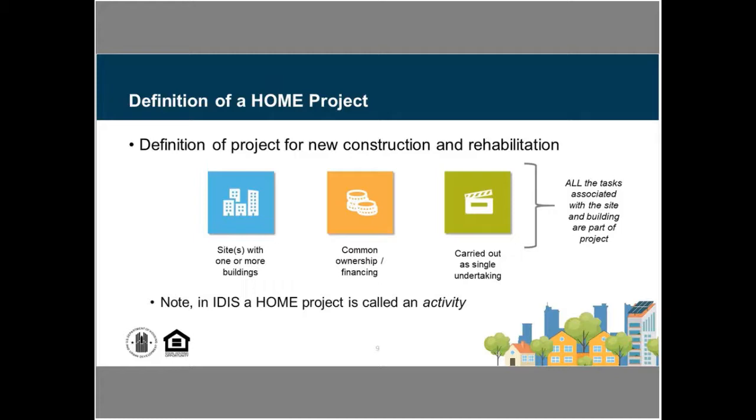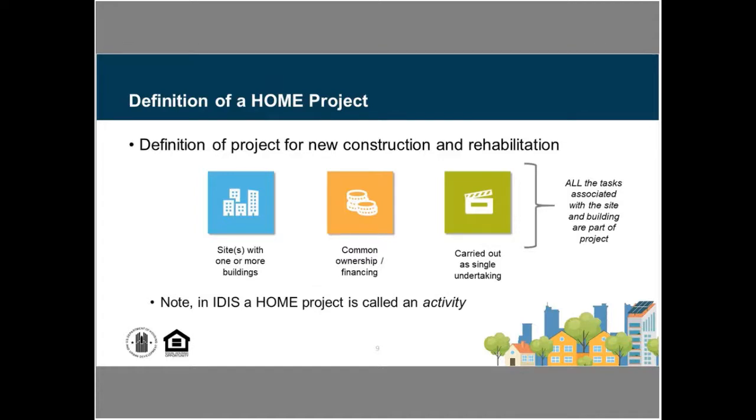But we could have, let's say, a scattered site project where maybe we have a high-rise building on one site, and maybe in that surrounding neighborhood we have a number of single unit structures that are part of that same project. If they are under the common ownership and have been financed as an individual project carried out as a single undertaking, then when we define that HOME project, it includes both that high-rise building and the scattered site.